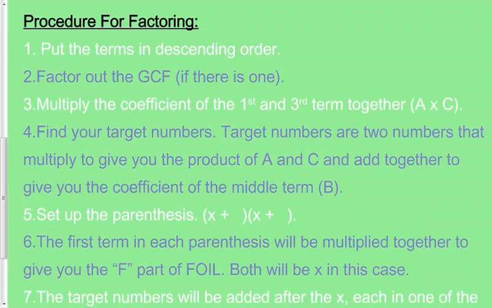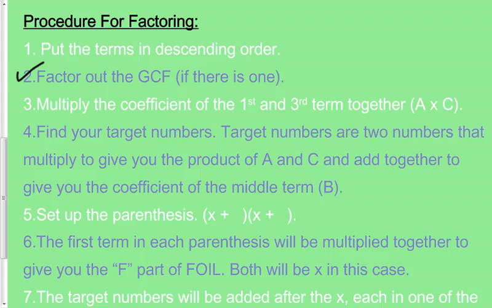So put the terms in descending order if they're not already in descending order. That's step one. Step two would be factor out the greatest common factor if there is one. In this case, there's probably not going to be one, because we're saying it's in the form x squared plus bx plus c. So this one we really don't need for this lesson.